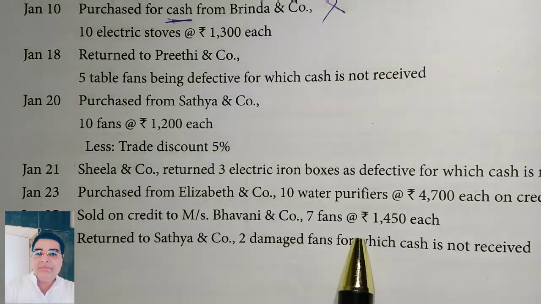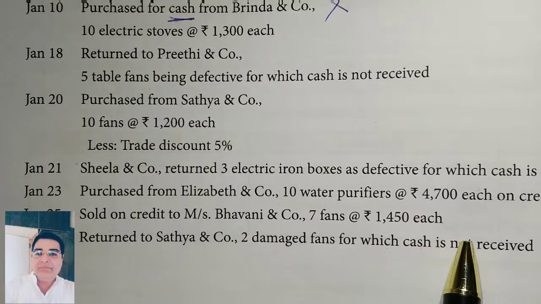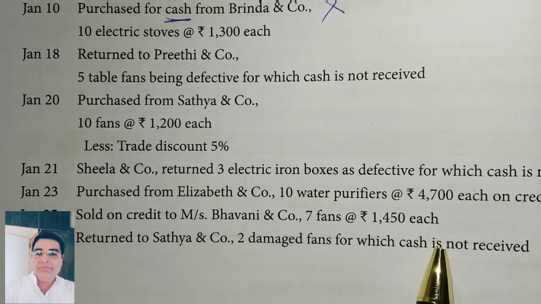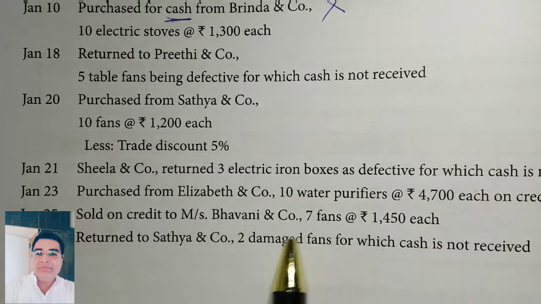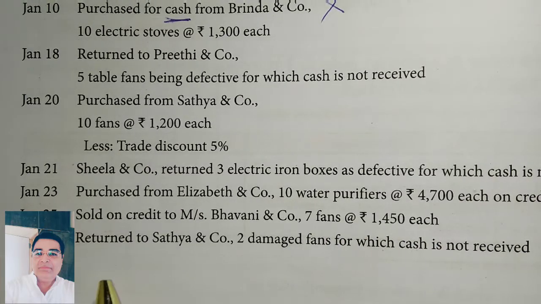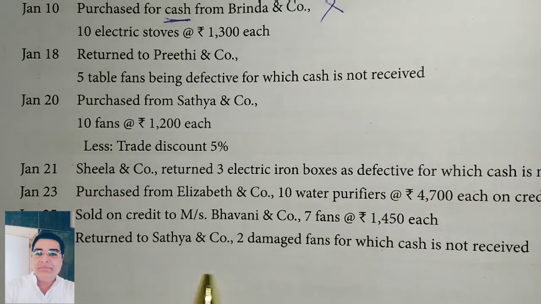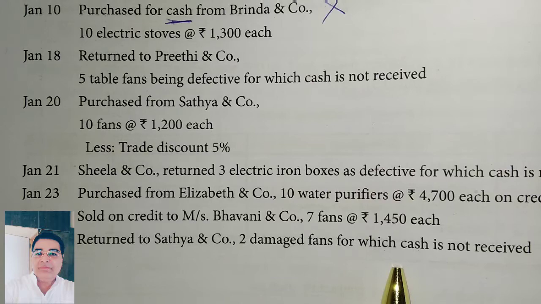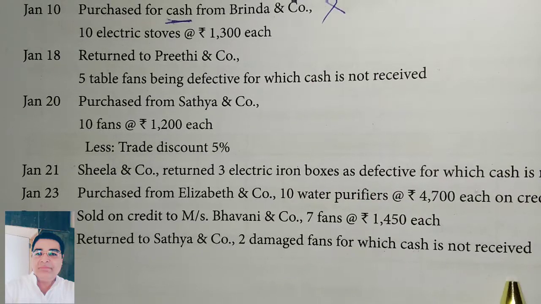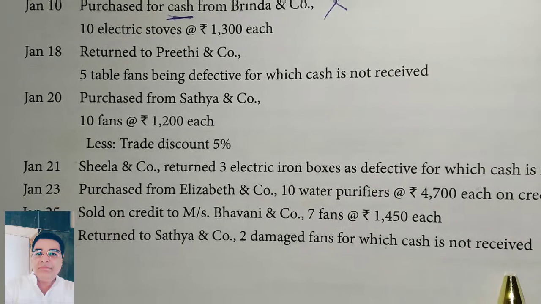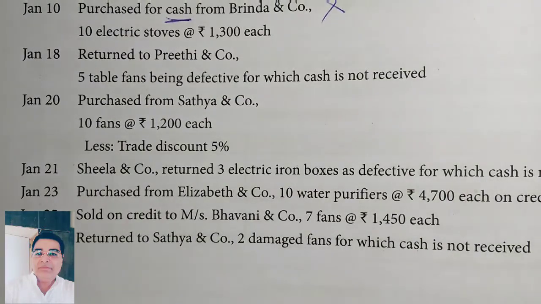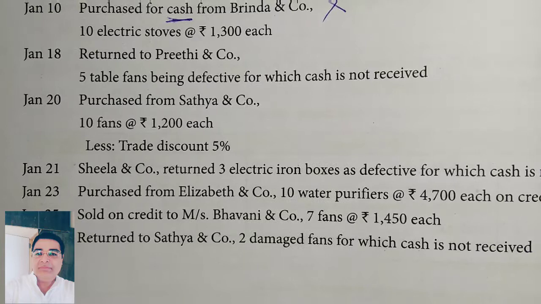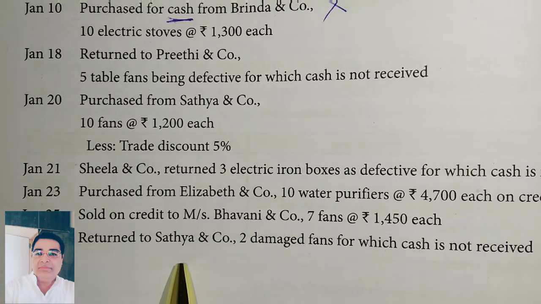Bhavani and Company 7 fans at the rate of 1,450 each. You have to write in sales book, 10,150, multiply both. Then return to Satya and Company 2 damaged fans for which cash is not received. So when the cash is not received, you have to see where Satya is given.